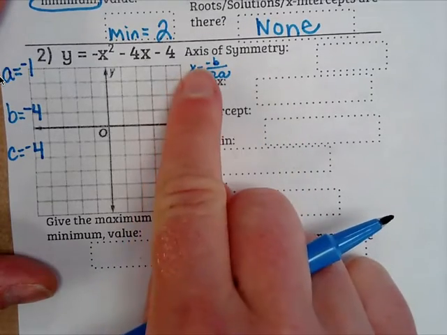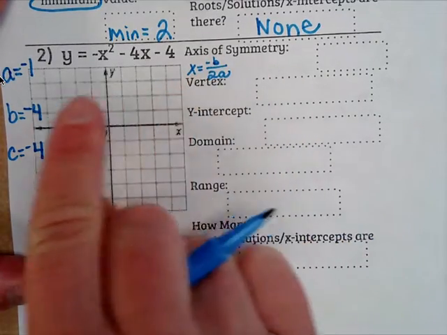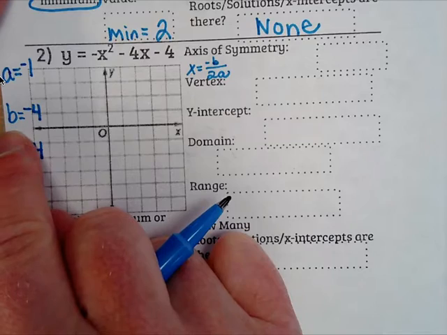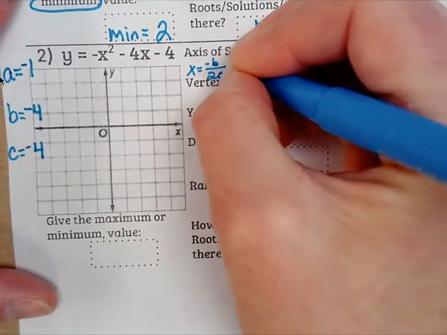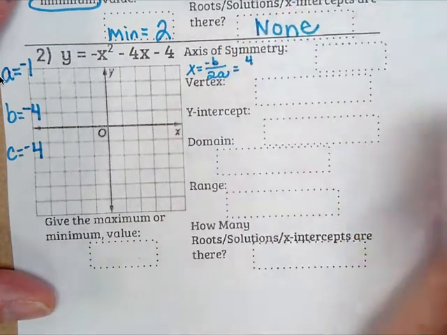A problem I see here is it says -b, and b is already negative. That makes it a positive. Yep, negative, negative makes it a positive.